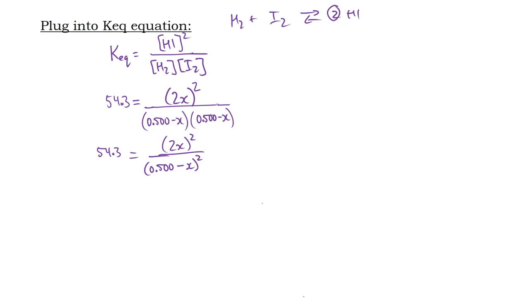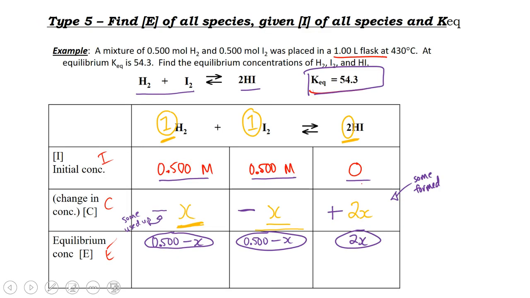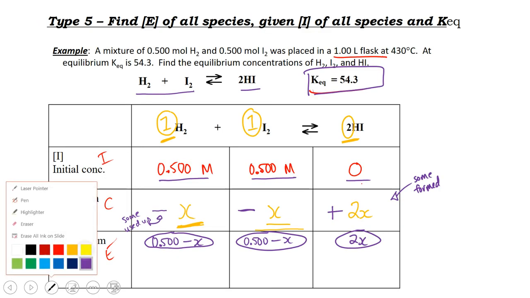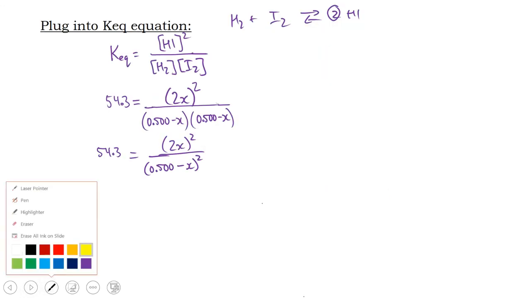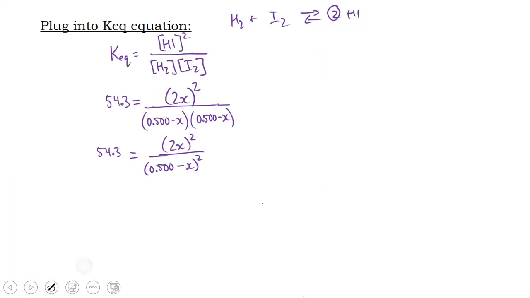So now I've got to solve here. My goal is to solve for X. And the reason for that, if I flip back, if I can figure out what X is, then I can figure out what to subtract here, what to subtract here, and what to double there to get my final answers, okay? So that's my whole goal, is to figure out what X is.